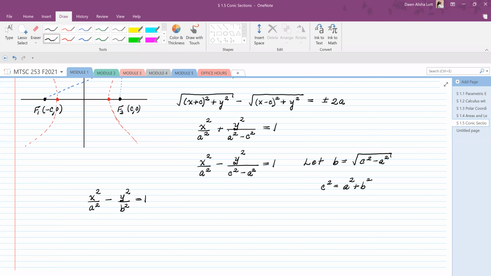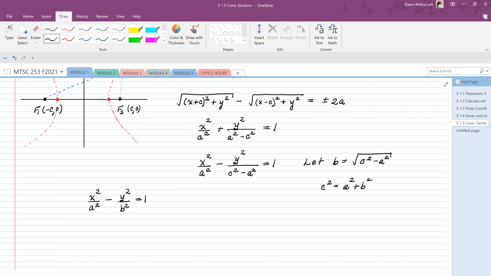It's always going to open up to whichever one is first, regardless whether it's bigger or not. So if x is first, it's going to open up in the x direction. If y is first, it's going to open up and down. Okay, so that's one piece of information.